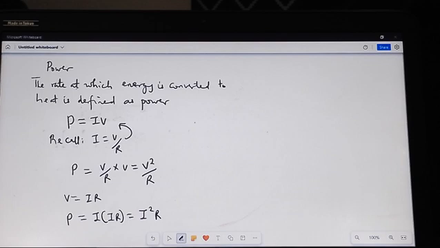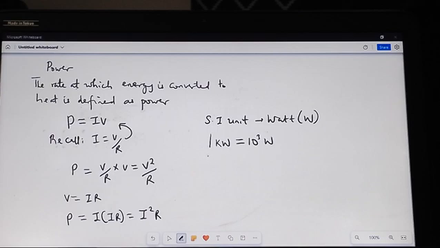The unit for power is the watt. And the watt is defined as the rate of energy usage of 1 joule per second. You have 1 kilowatt, which is equivalent to 10 raised to power 3 watts.